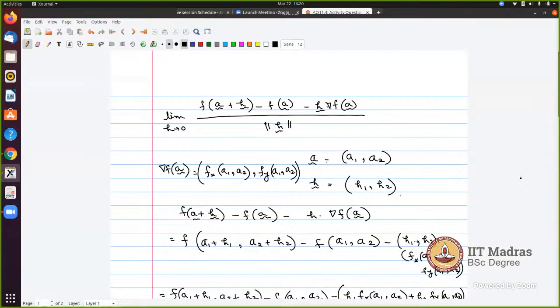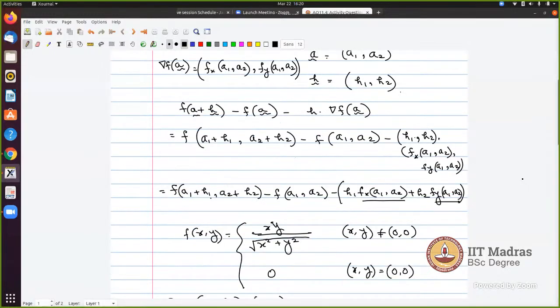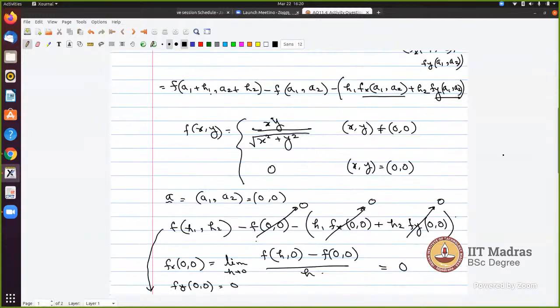Okay. So here we know that first partial exists at that point. That is true. But whether that is continuous or not, that is the question, right? Yes, sir. Since this function is symmetric in x and y, can you just show the first partial of x? What is the fx you have calculated? It's a complicated expression.